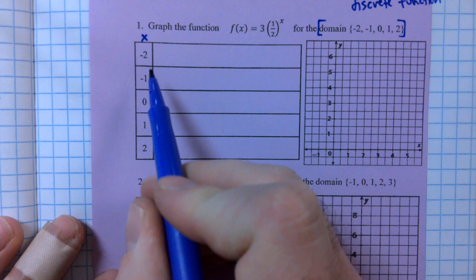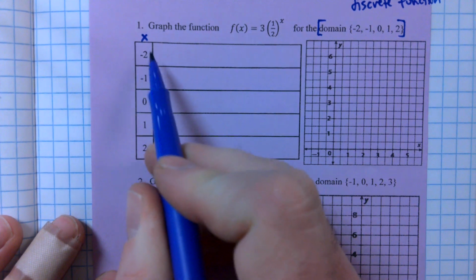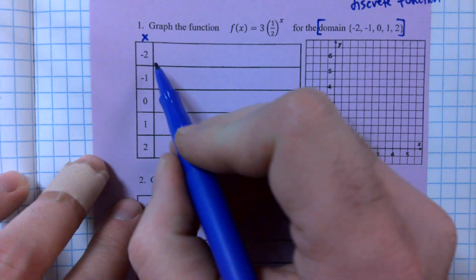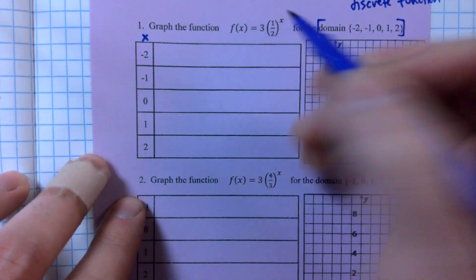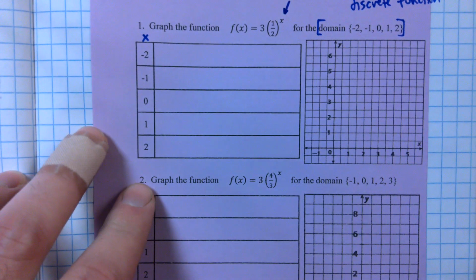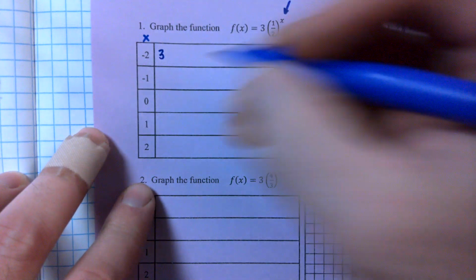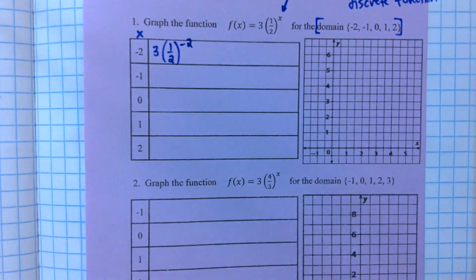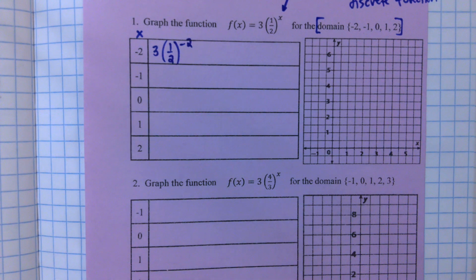So let's start out with number 2. I'm going to start with -2. I'm going to plug it in for x. So it is 3 times 1/2 to the power of -2. Looks a lot like the problems we were doing yesterday, so it shouldn't be too bad. If I raise 1/2 to the -2nd power, what do I have to do with that fraction? Take the reciprocal.